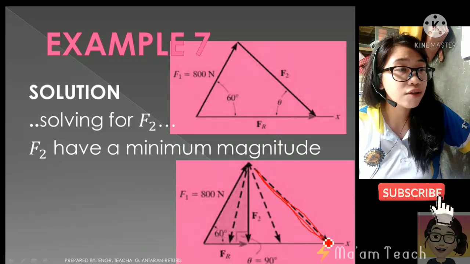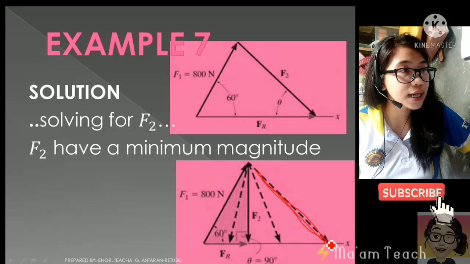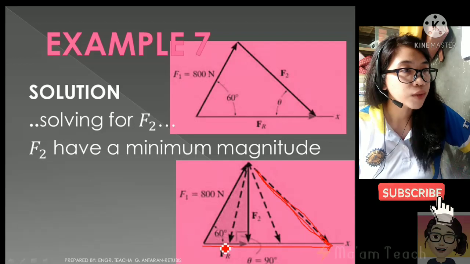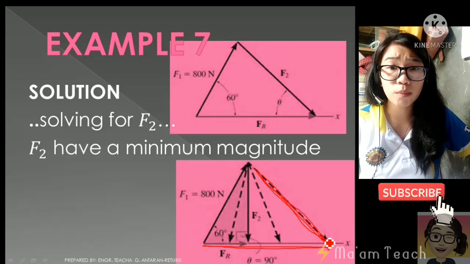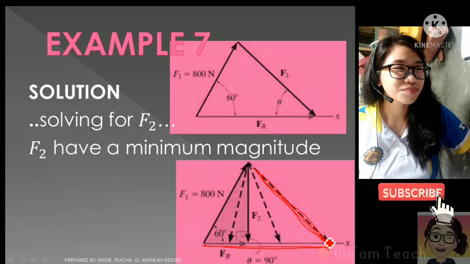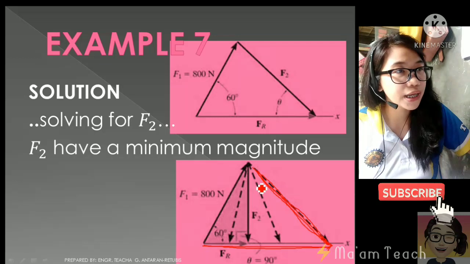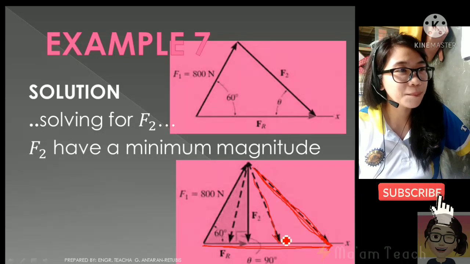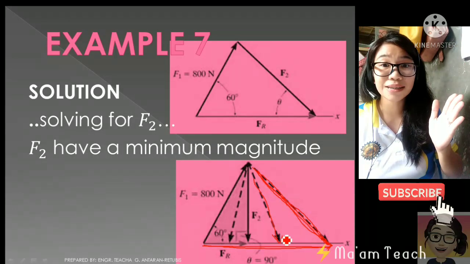This one. But if we try to move it here, it's because, class, this is the location of our f sub r. Now, if this is our f sub r, and this will be our f sub 2, the question is, if the f sub 2 is minimum at that point. Now, if we try to relocate our f sub 2 right here, what will happen? As you can see, the length or the magnitude of the f sub 2 also lessens, right?